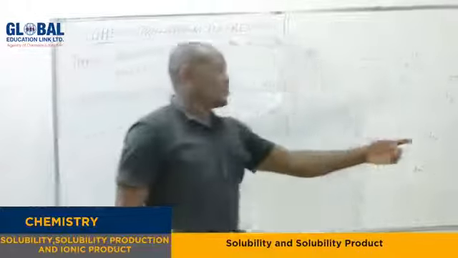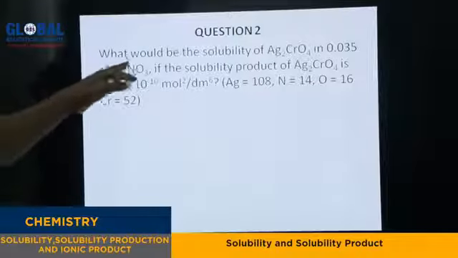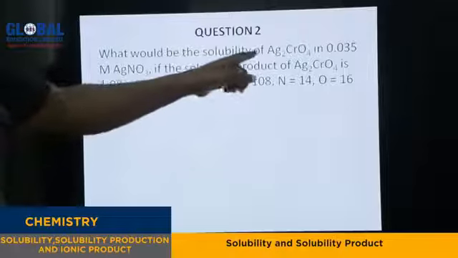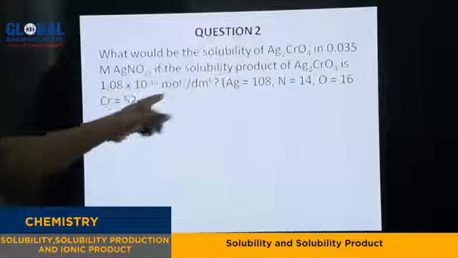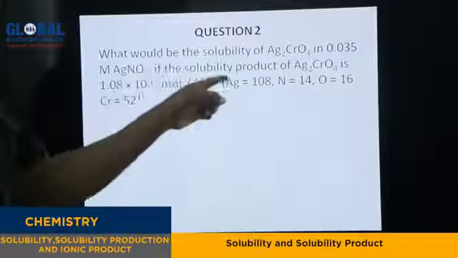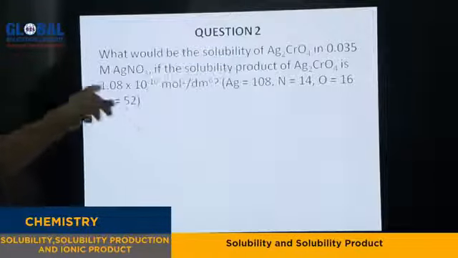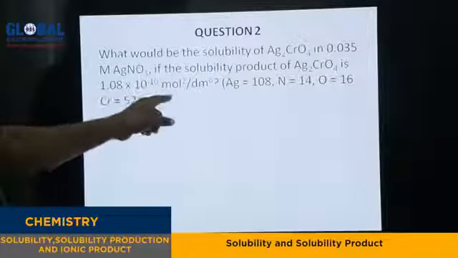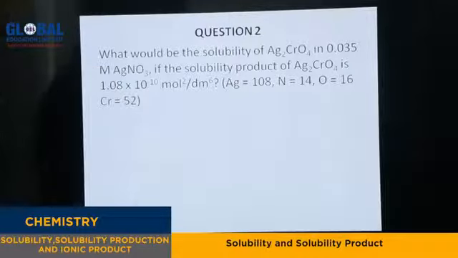Okay, now let us consider question number 2. Question number 2 is, what would be the solubility of silver chromate in 0.035 moles silver nitrate, if the solubility product of silver chromate is 1.08 times 10 power negative 10 moles squared per decimeter cubed raised to power negative 6.